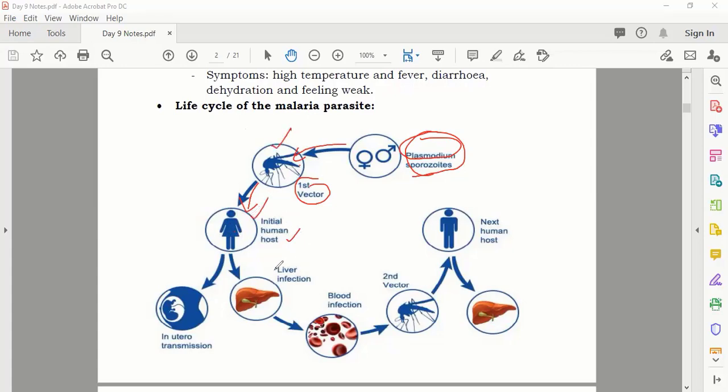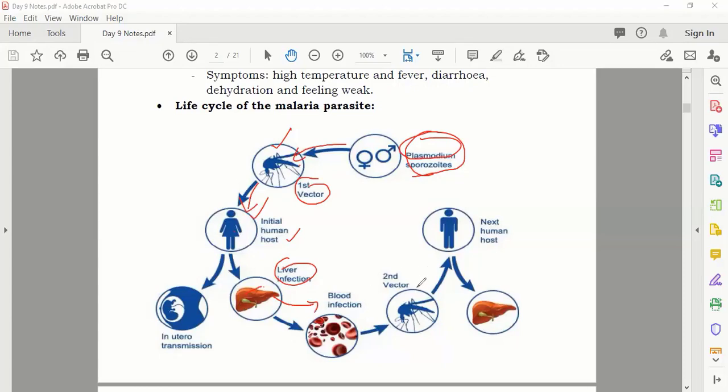Inside the human, it goes to the bloodstream, and after that it reaches the liver. And liver is a very suitable place for malaria reproduction. And from the liver again it goes to the bloodstream.